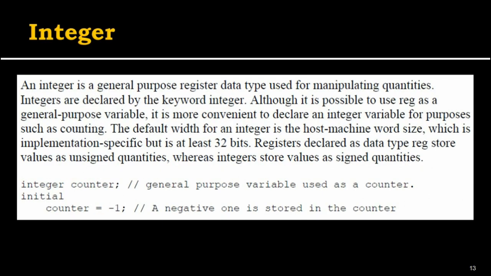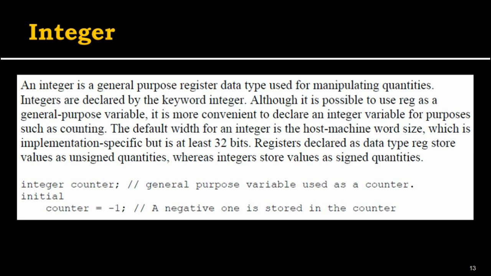Okay, next we are going to see the integer. An integer is a general purpose register data type used for manipulating quantities. Integers are declared by the keyword integer. Although it is possible to use a reg as a general purpose variable, it is more convenient to declare an integer variable for purposes such as counting.